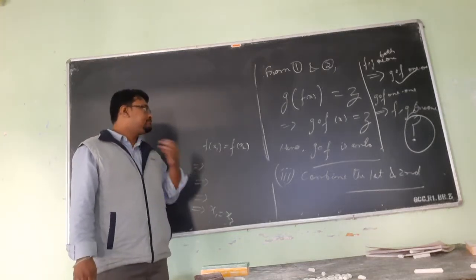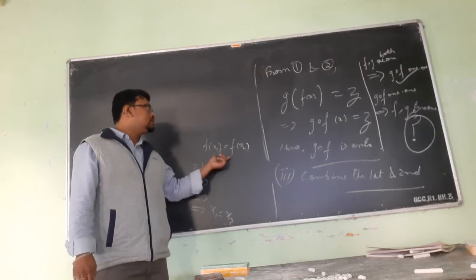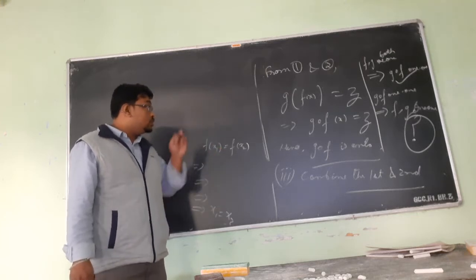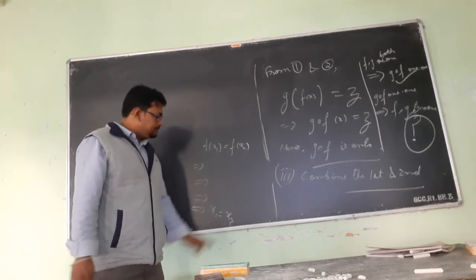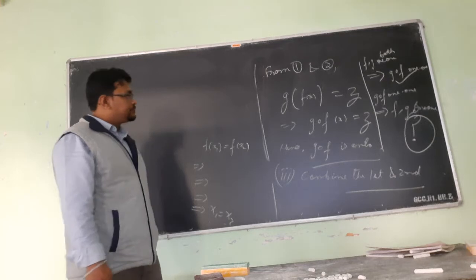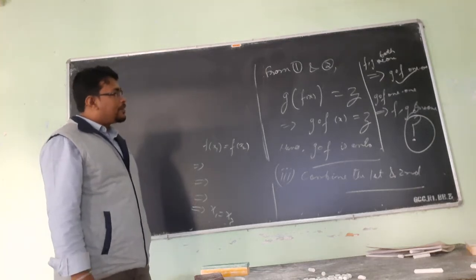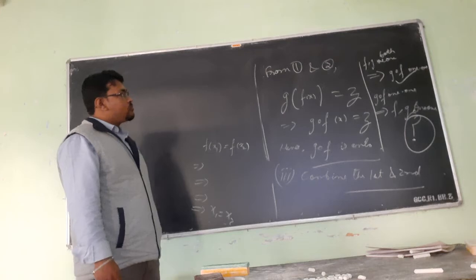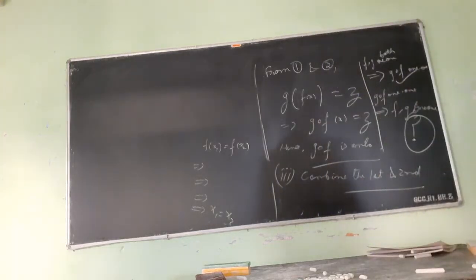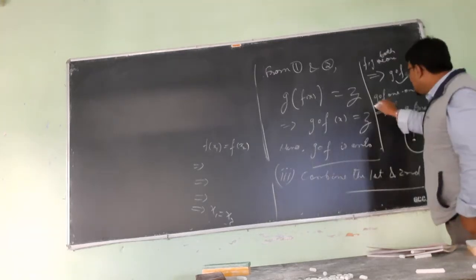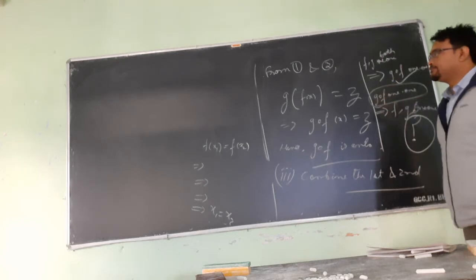Just try. Starting from f(x1) equal to f(x2), can you get x1 equal to x2 using the fact that gof is one-one?